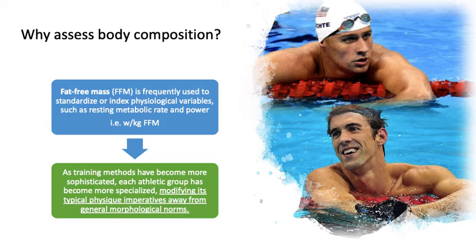Meanwhile, Ryan Lochte is shorter, 5'8", huskier, a thicker build, and completely different from Phelps. However, Lochte is a very successful swimmer as well. So we're moving away from the idealism of the ideal physique for a specific sport. Both are phenomenal athletes, but very different phenotypes. Again, we're moving away from phenotypic classifications. Instead, we have large individual variability, and it's about finding the ideal body composition for each athlete.